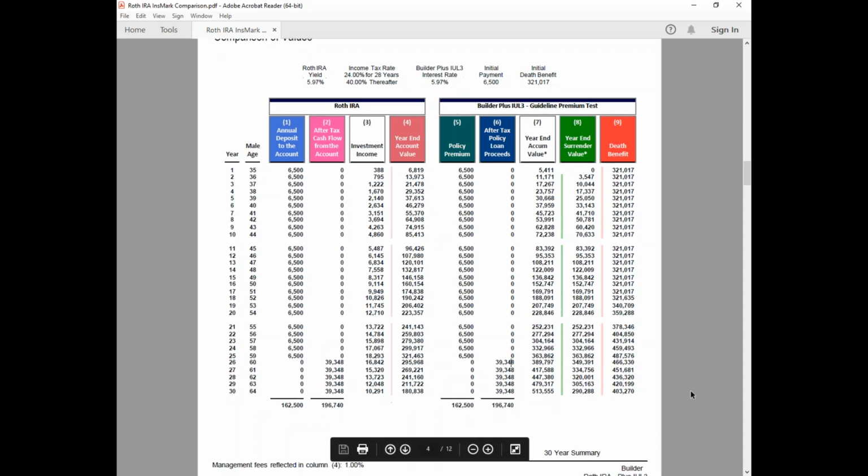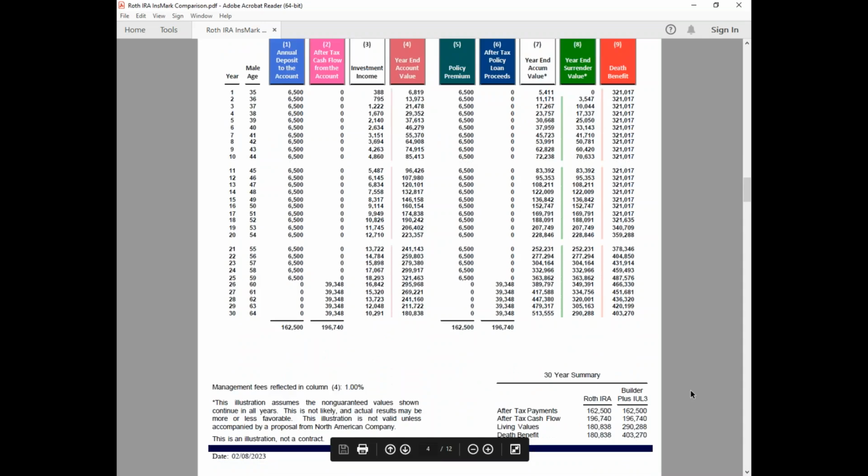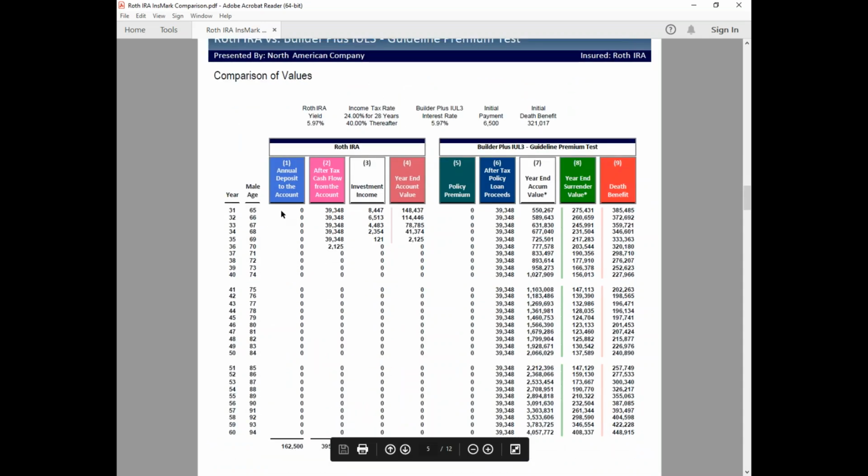So ready, drum roll, here we go to the next page. Here we continue the next years. So age 65, we're able to take it out for 5 more years. And then that last year, just $2,000 before the Roth IRA is completely depleted.